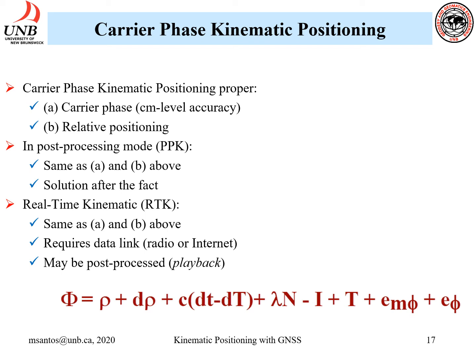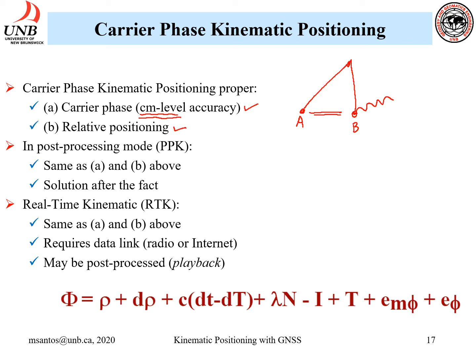So what we have is carrier phase measurements, which allow us to reach centimeter level accuracy, and relative positioning. So in relative positioning, of course, we have a base station A and a rover B, so they both will be observing the same satellite. Of course, the idea is that the rover B is moving around in kinematic mode.